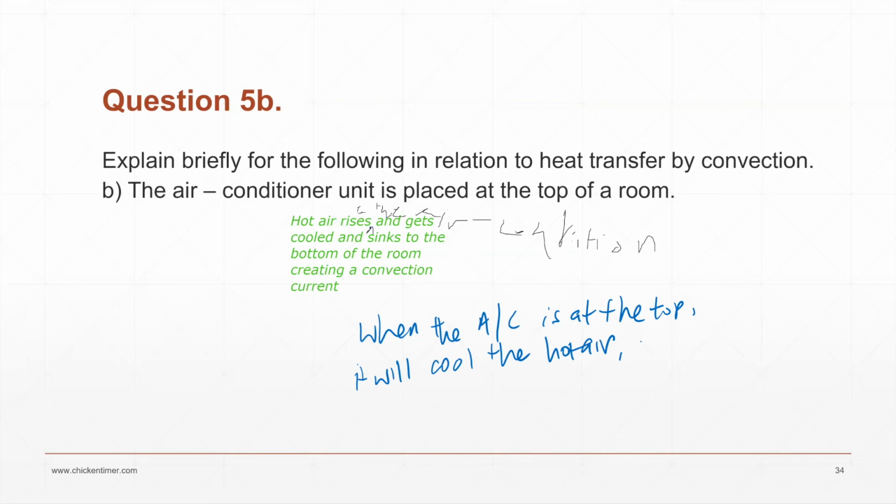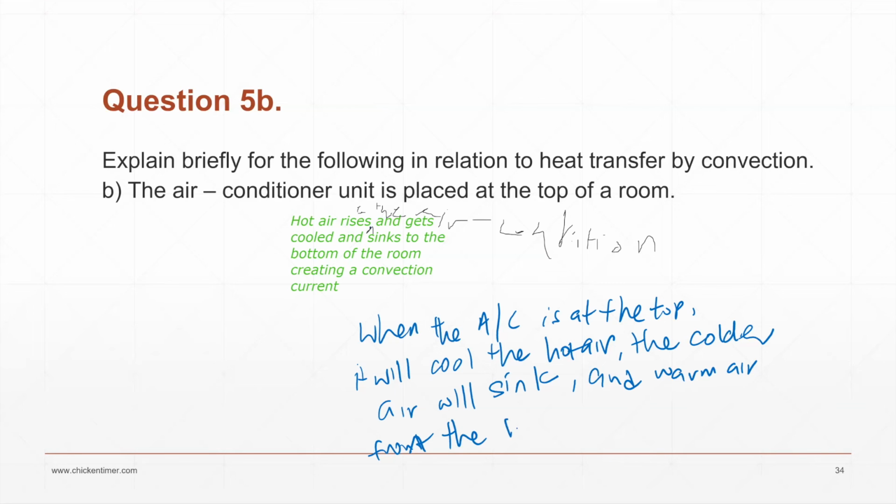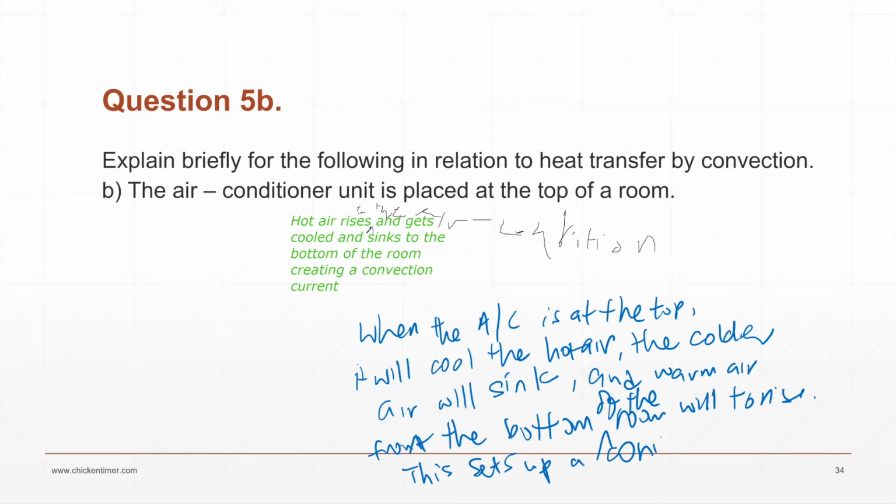Then the colder air will now sink, and warm air from the bottom of the room will continue to rise. This sets up a convection current to cool down the room, something like that.